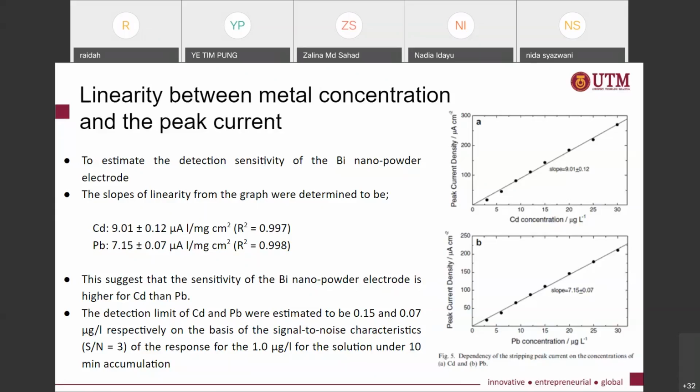This suggests that the sensitivity of the bismuth nanopowder electrode is higher for cadmium than for lead.